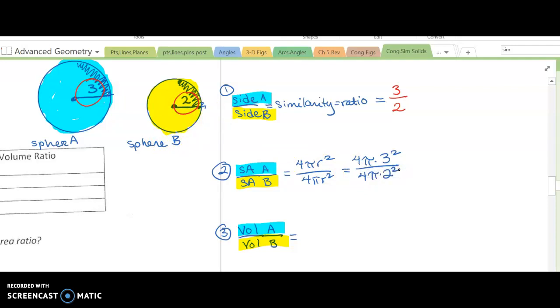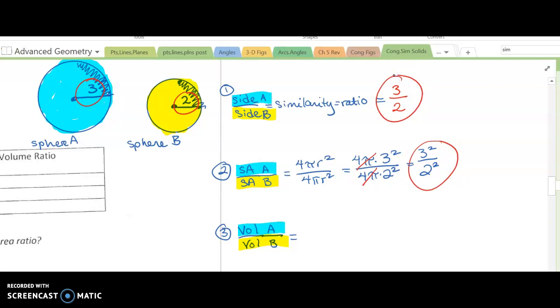Now, something fun to look at here is we could save ourselves a lot of work in this ratio calculation because these 4 pi's cancel out. So really we just have 3 squared over 2 squared. I know we could go a further step with that, but I'm going to leave it as 3 squared over 2 squared, and this is 3 to 2.